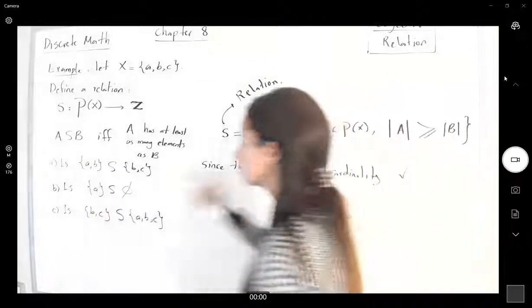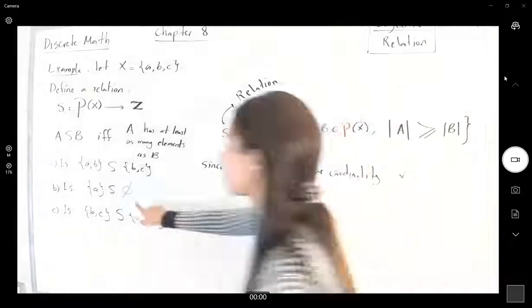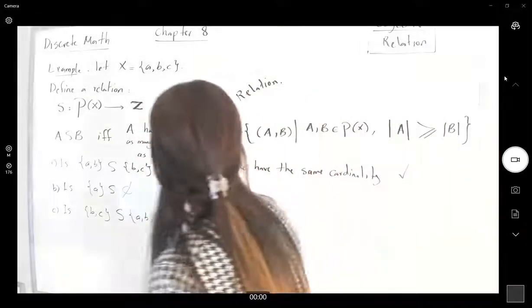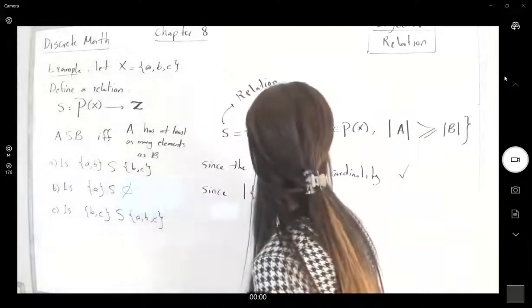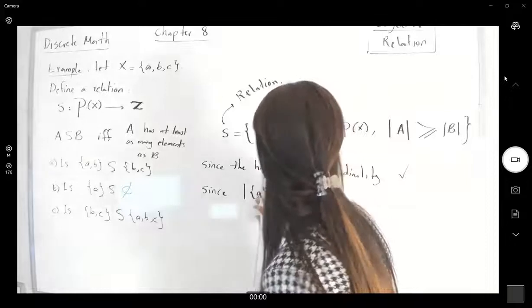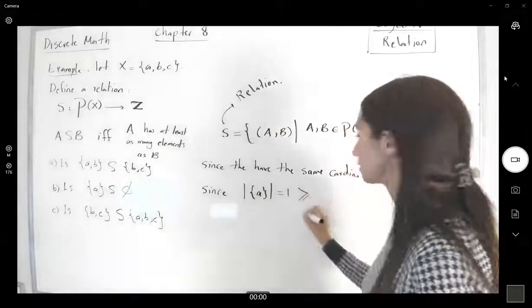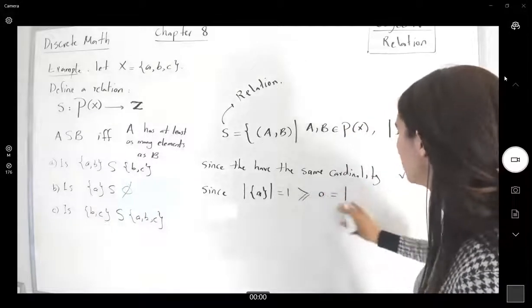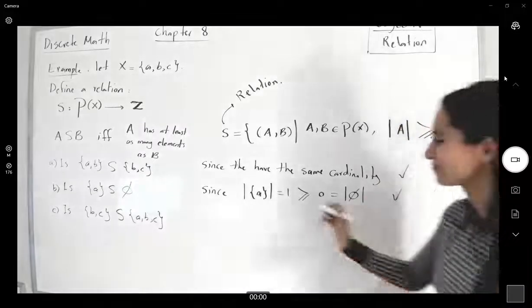The cardinality of set A is 1, and the cardinality of the empty set is 0. Of course, since the cardinality of set A is equal to 1, and it is greater than or equal to 0, which is the cardinality of the empty set, it is true.